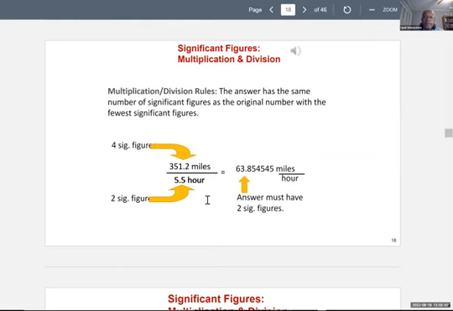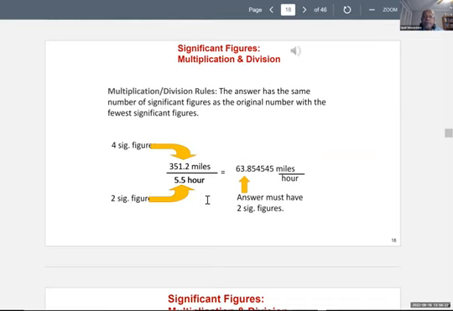In addition and subtraction, you look at the decimal places. You don't look at significant digits. In multiplication and division, you look at significant figures. The first number, 351.2, has 4 significant digits.